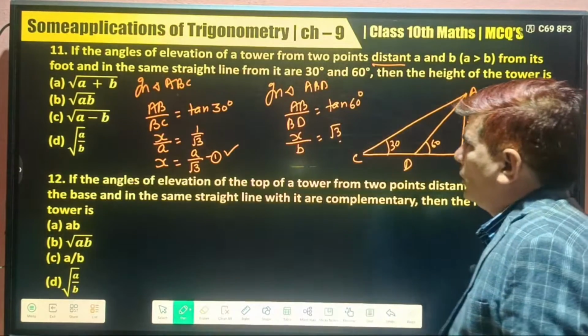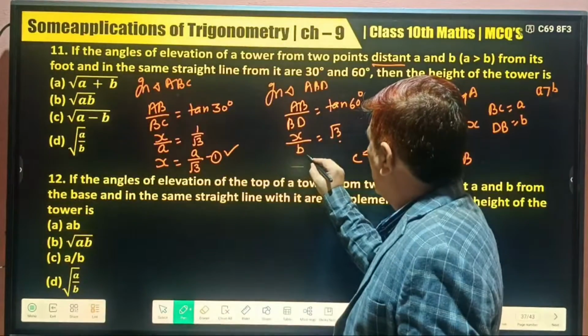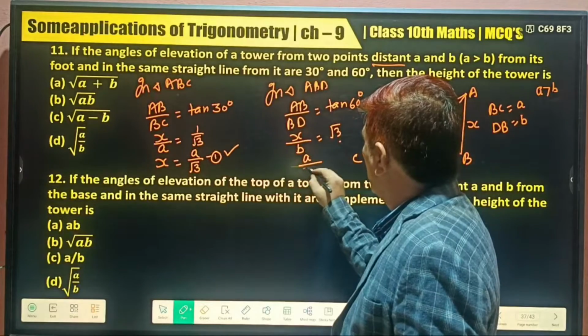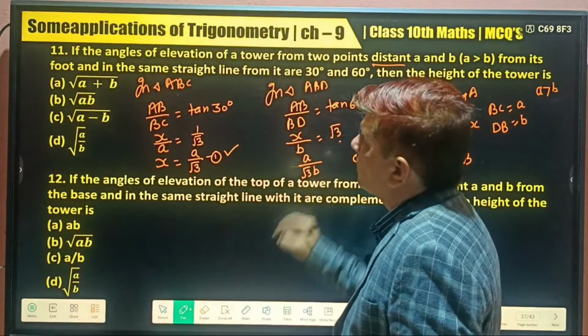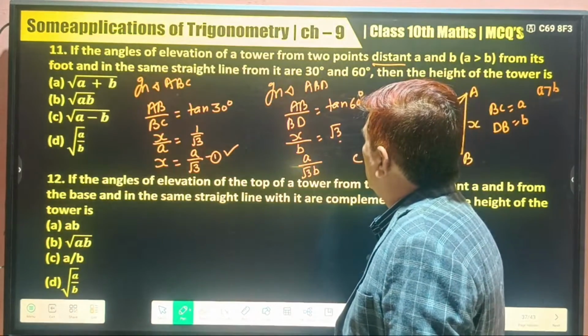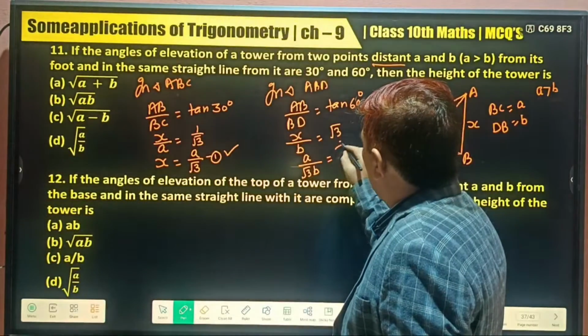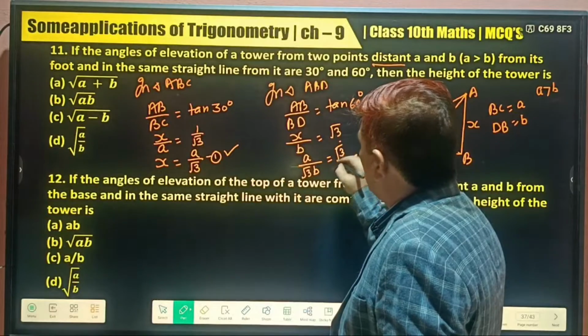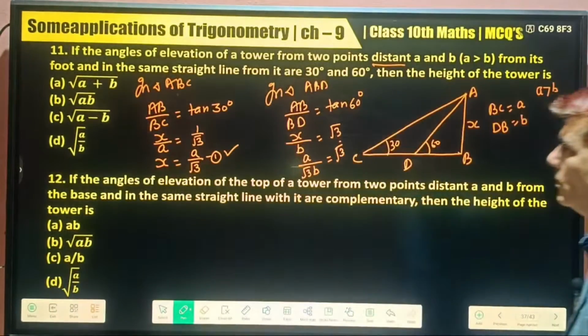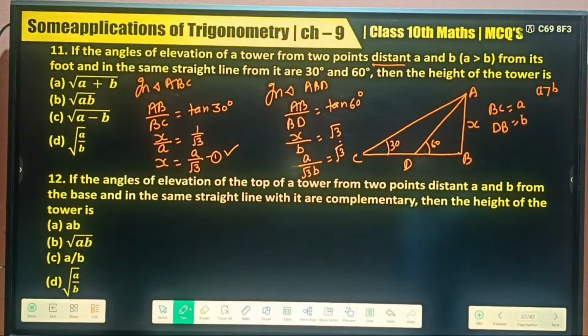X value is this, so we can put it here. A by under root 3b, under root 3b equal to what? Is equal to under root 3. Yes or no? But what we have to find out?